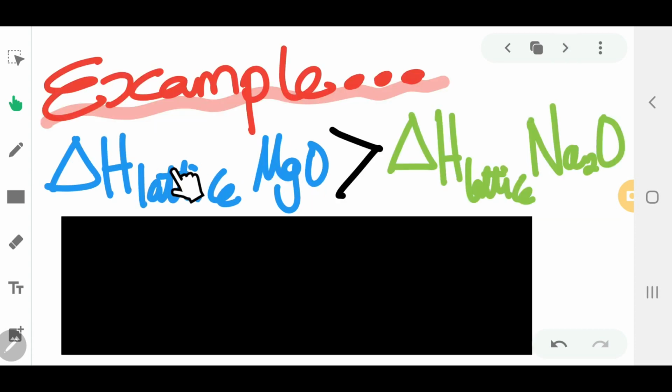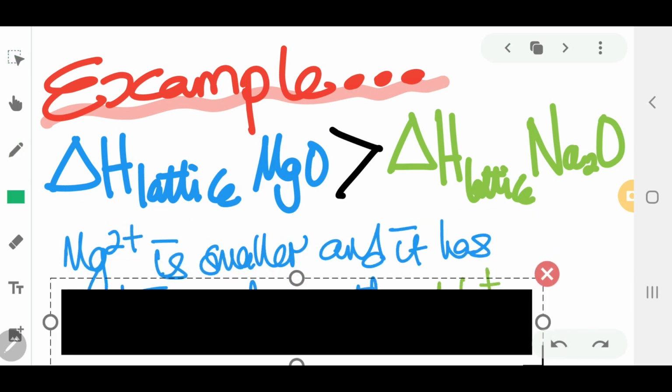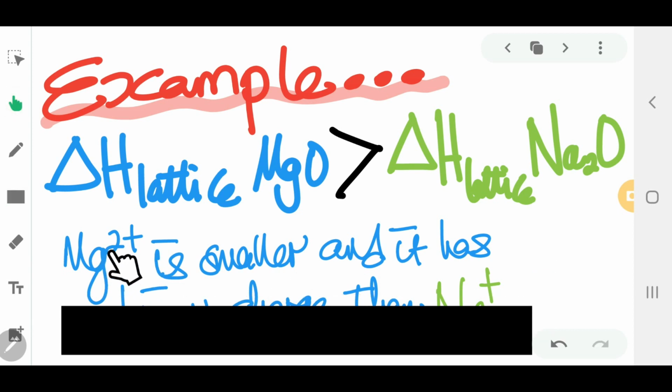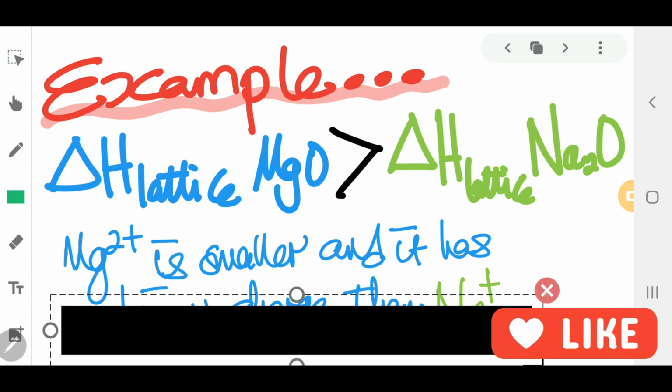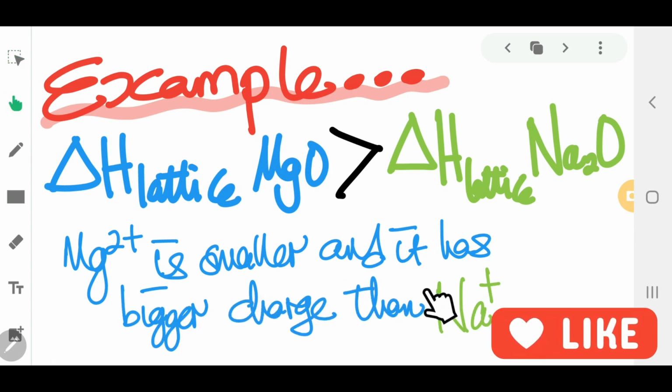For example, the enthalpy change of lattice for magnesium oxide is bigger if you compare with the delta H lattice of sodium oxide. Why? Because Mg2+ is smaller, it has a smaller ionic size, and it has a bigger charge than Na+.